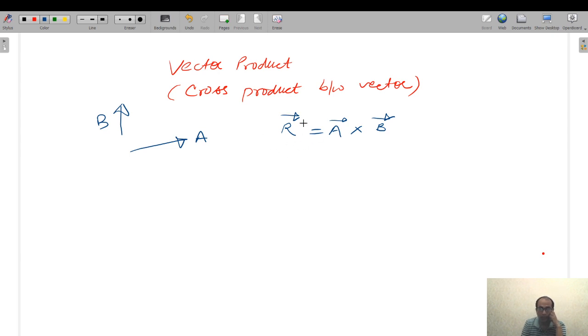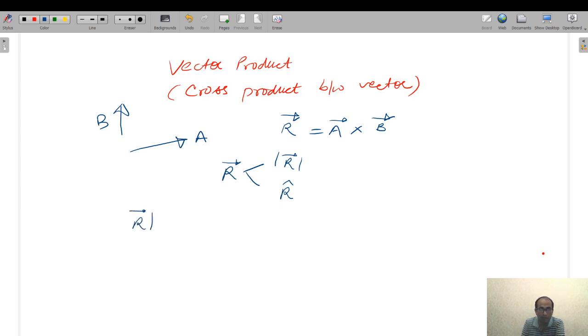So this R is a vector quantity, so it should have a magnitude and a direction. Let me represent the direction by a unit vector along this R vector, R cap.